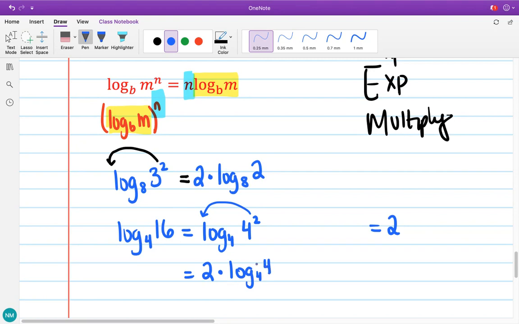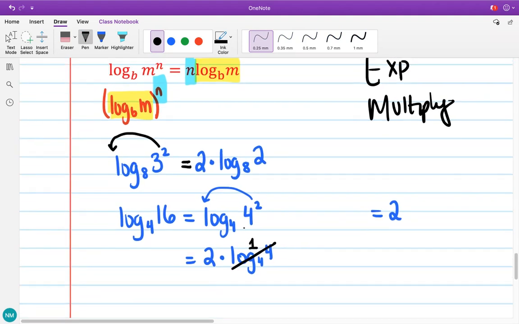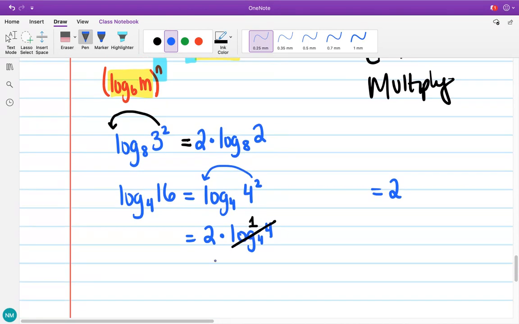And by my identity, or my foundation property, log base 4 of 4 is the same thing as saying 1. This is the same thing as saying 1, and 2 times 1 is equal to 2.